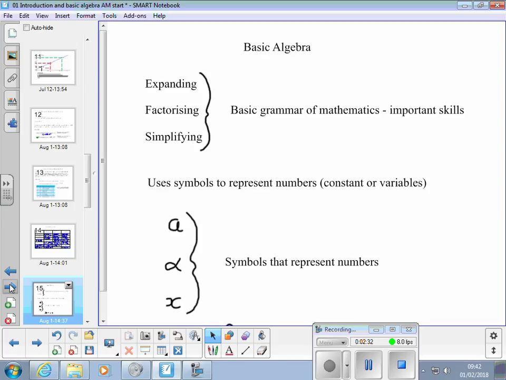But unfortunately, engineering uses Greek letters for a lot of quantities. Omega is a typical one for ohms. That's a unit. But there are a number of places where quantities are actually expressed or written as a Greek letter. Angles are a prime one for that. Okay. So we're going to look at some of these skills over the next week or two.